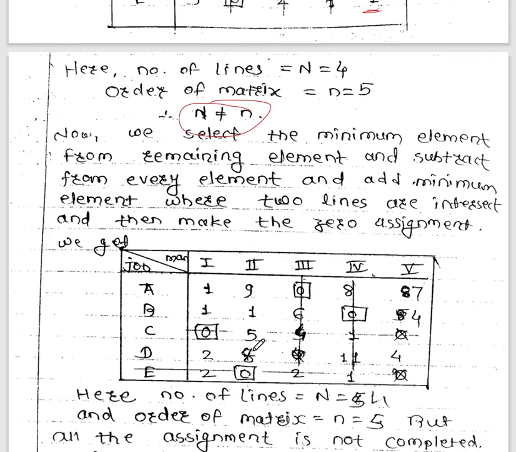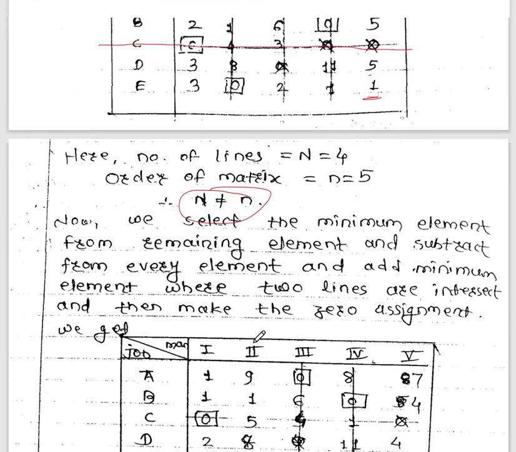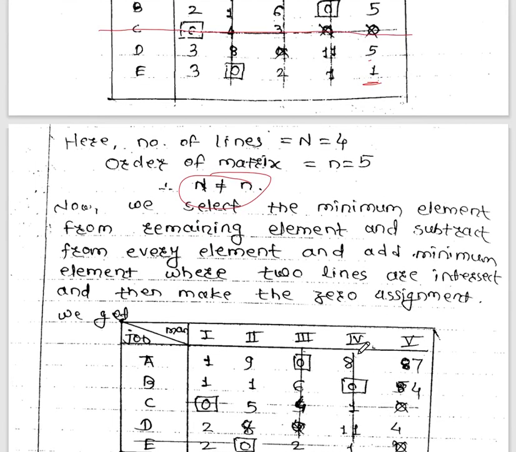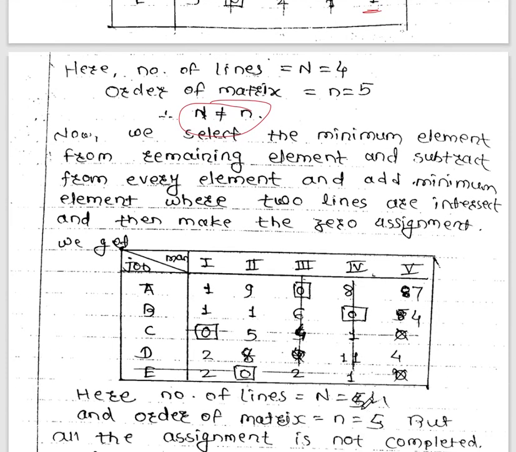Here the line is double crossed, that is 5. Here the line is double crossed, that is 4. Here the line is double crossed, that is 1. And this is 0, 2, 8, 0, 11, 4, 2, 0, 2, 1, 0.